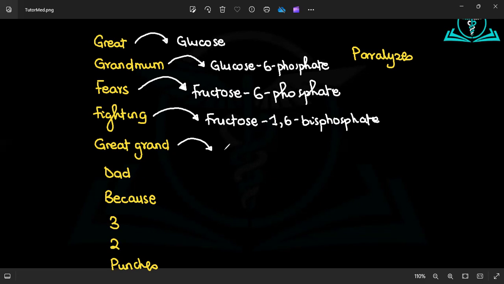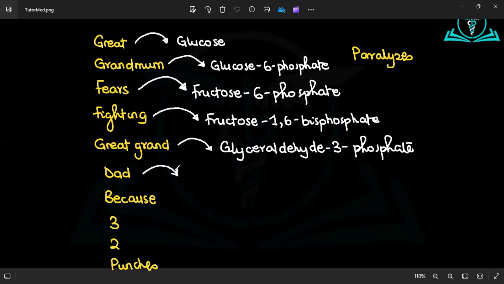One of them is glyceraldehyde 3-phosphate, and the other is dihydroxyacetone phosphate, DHAP.